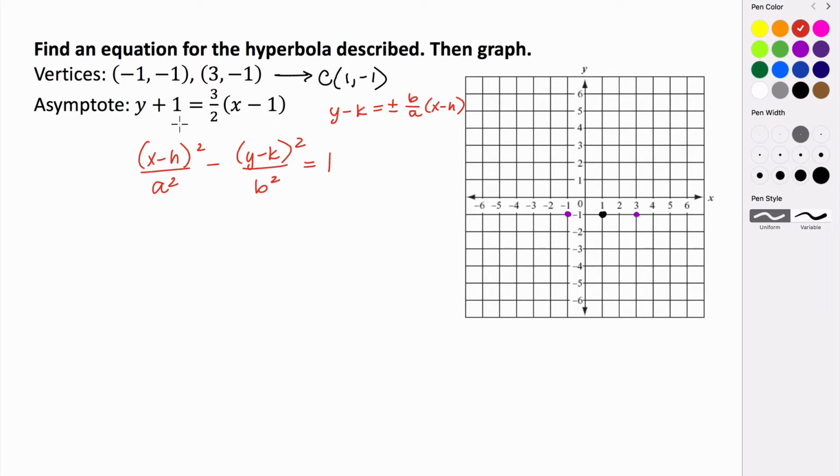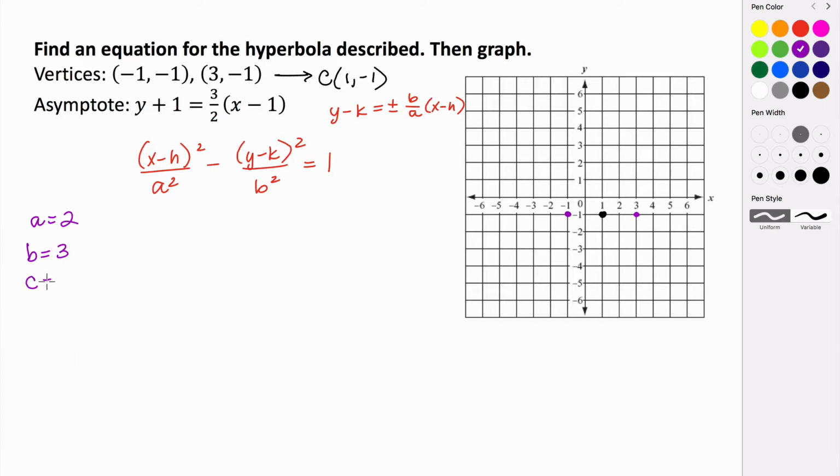But what it really is helpful for is knowing the values of b and a. So we already know that a is going to be 2 units because we found that they were halfway in between our two vertices. So a is 2. But b is just going to be the numerator of this asymptote. So because the denominator is 2, that means the numerator is 3. So that's the value of b.